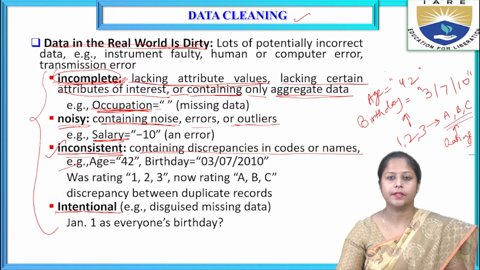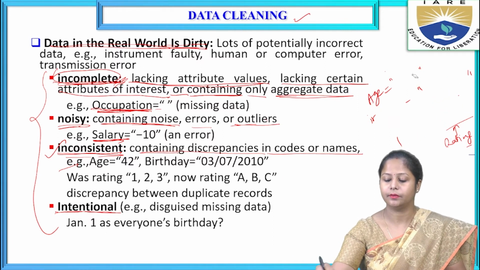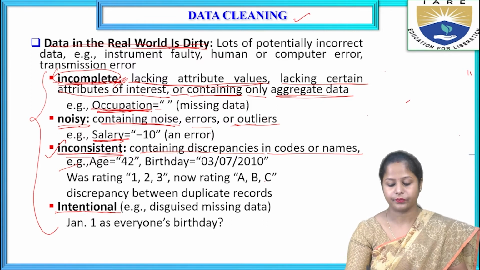Or there is a discrepancy between duplicate records, where one record is a duplicate of another. That comes under inconsistent data. If some data has been changed or modified and is not accurately written as earlier, that is called a discrepancy of the data.